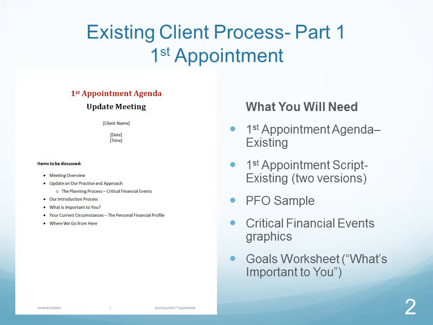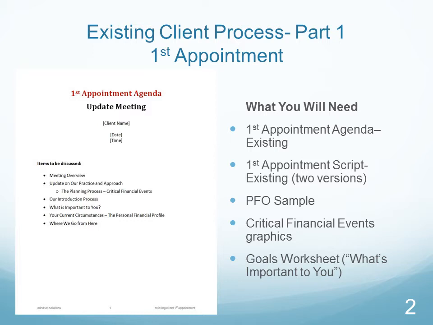In other words, the first appointment, or FIT meeting, and the second appointment, where we do the data gathering and build a personal financial profile, are now blended into one for the purpose of this meeting with your existing client.